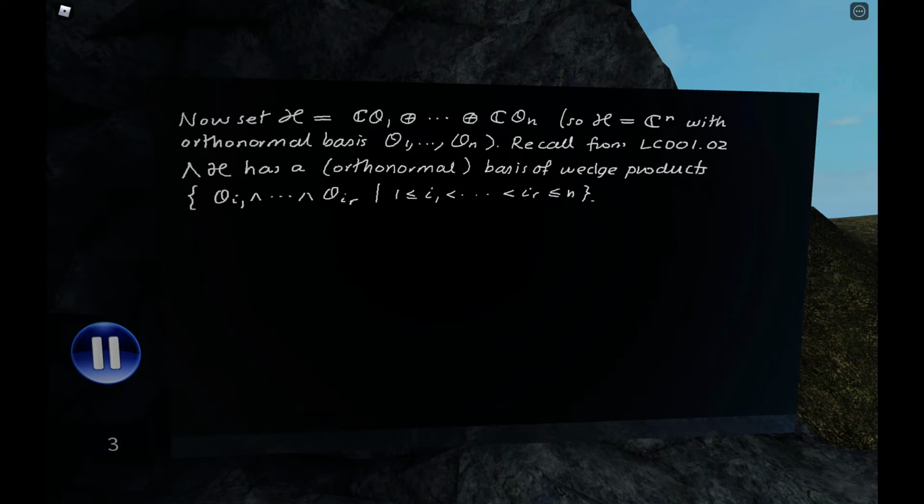Alright, so what I want to now observe is that the two operators that were introduced on the exterior algebra of any module, namely wedging with and contracting with theta i and theta i star respectively, are adjoint with respect to the pairing on wedge H that we've just introduced.